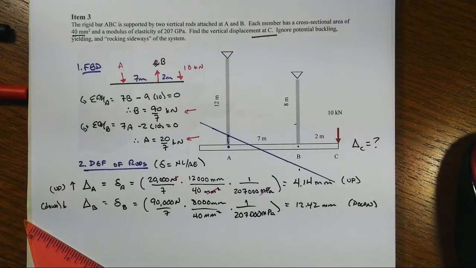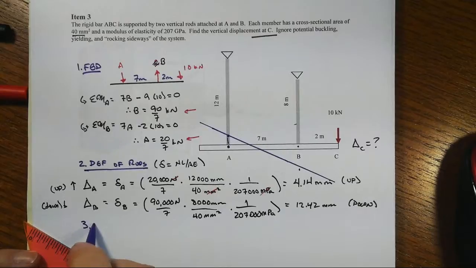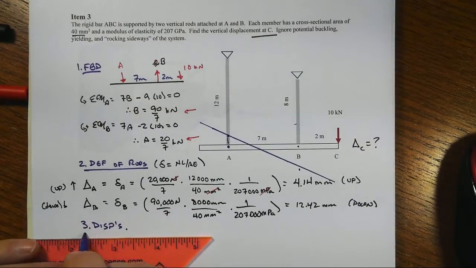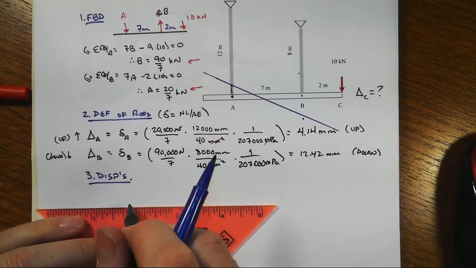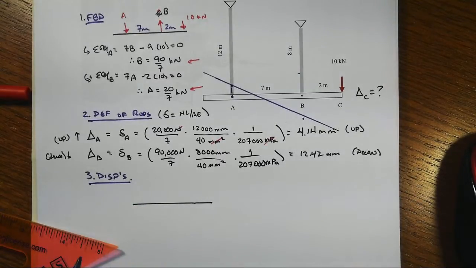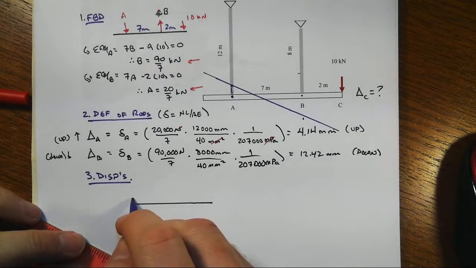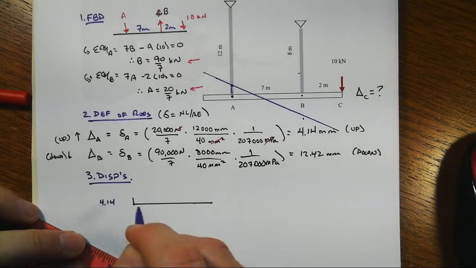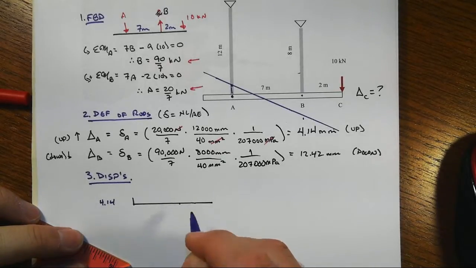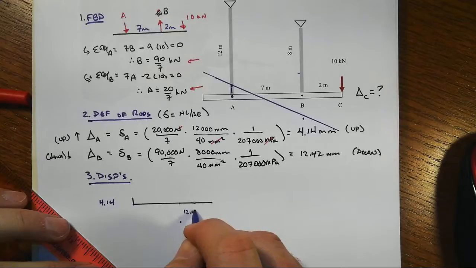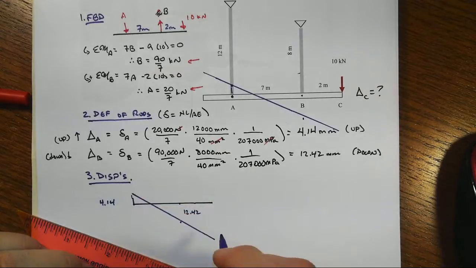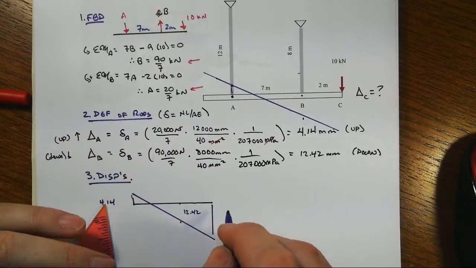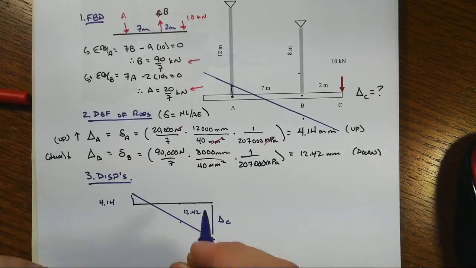Okay, so let's take a closer look at that. We're trying to get that delta C, and let's put a baseline in from A to C. We've got, again, something that goes up at A, there's your 4.14. At B, it goes down by 12.42, and then we're trying to figure out what the value is out here at C. There's a lot of different ways that one could do this.